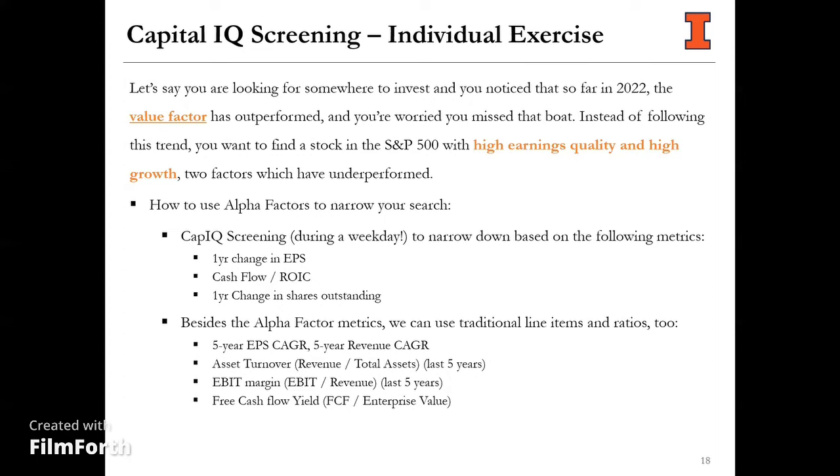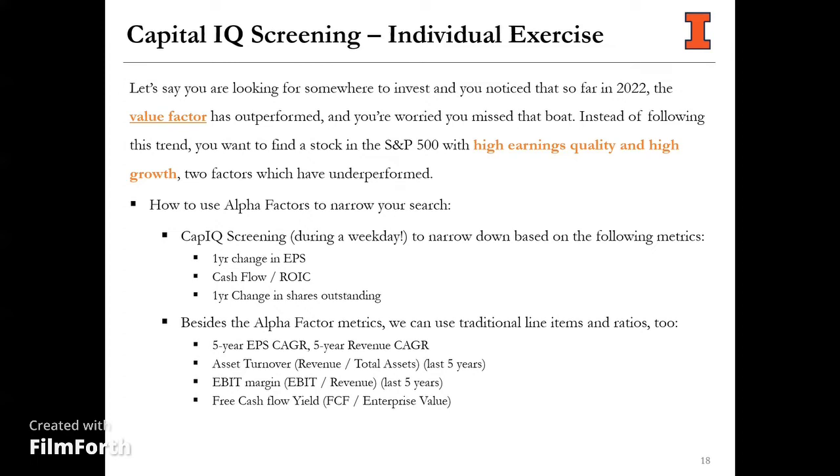Two factors which have underperformed over the last couple months, but usually perform pretty well in the grand scheme of markets. So to use alpha factors to narrow down our search, we're going to use a CapIQ screen to narrow down based on some of the following metrics that are more alpha factors driven: 1 year change in EPS, cash flow to ROIC, 1 year change in shares outstanding.